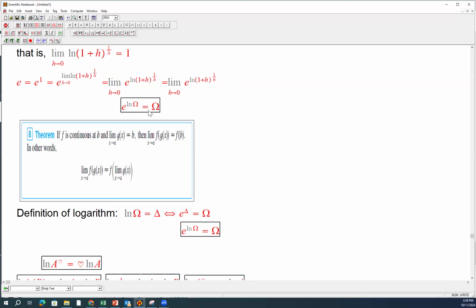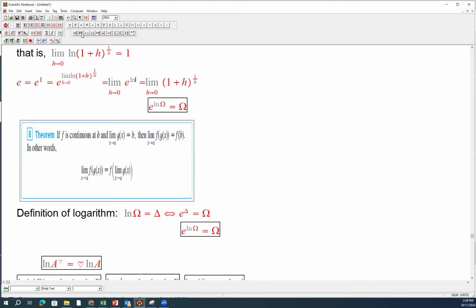Okay, so I'm going to apply this property to e. Our omega is this piece, so I'm going to bring that down. I want you to see clearly that this is e, ln, omega is that piece.